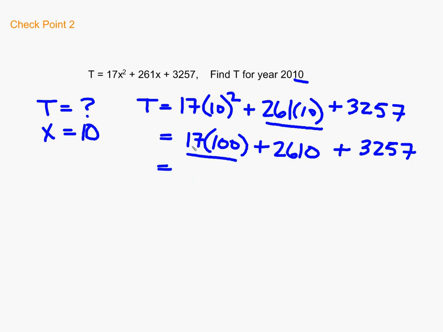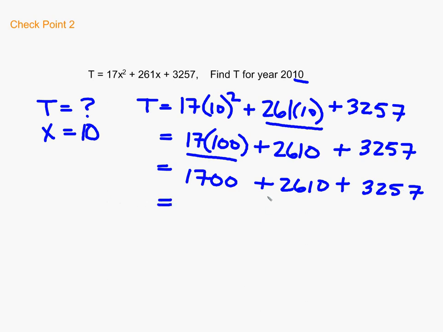And keeping on going, I have 17 times 100, so that's going to give me 1,700. And then just finish off this expression. Oh, that's not the right operation. Let's take that out. Should have been a plus. 3,257.